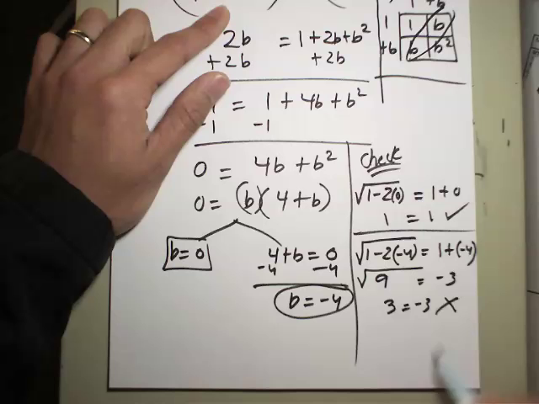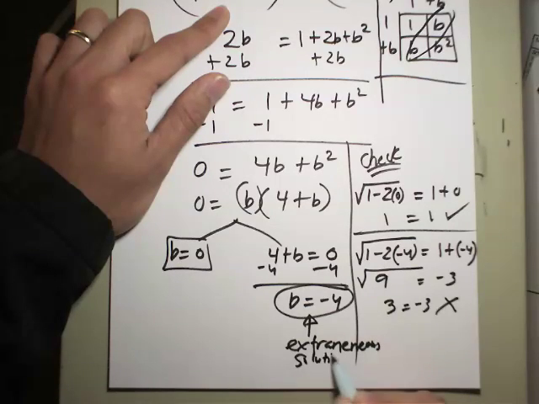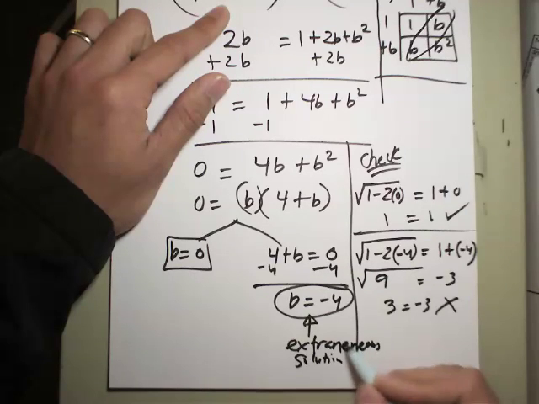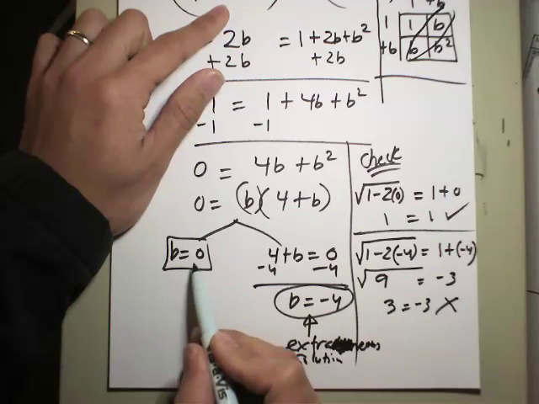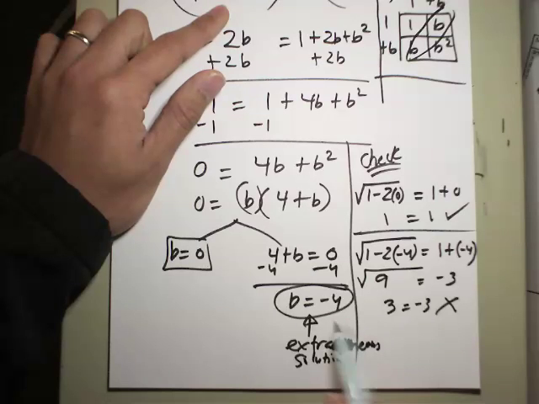Those are not the same. So because of that, I can conclude that this is my extraneous solution. Your final solution is going to be 0, and my extraneous solution is going to be negative 4.